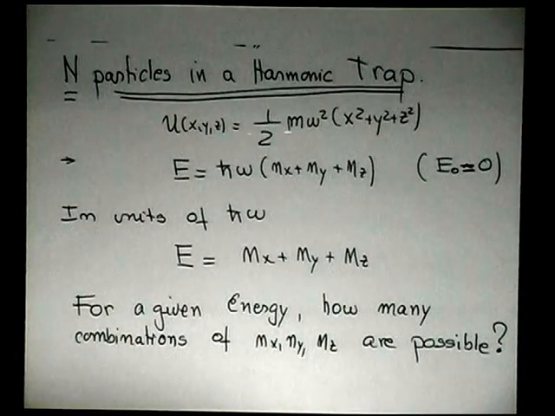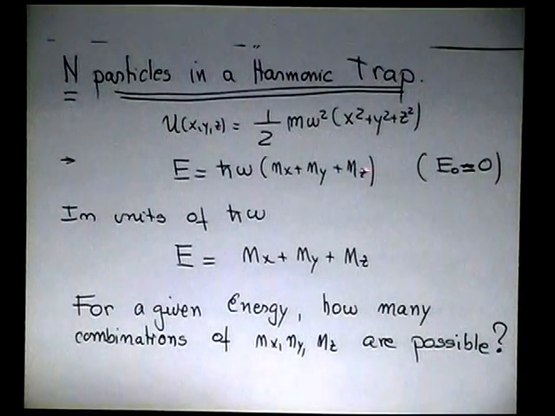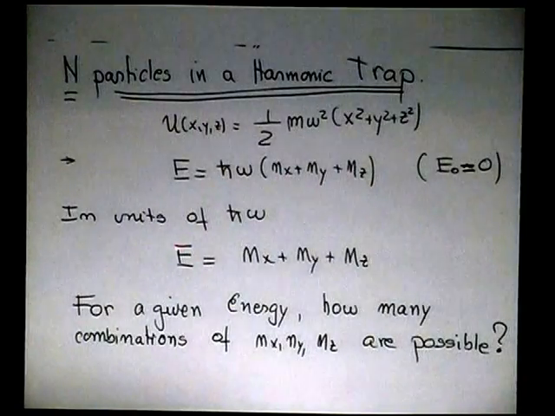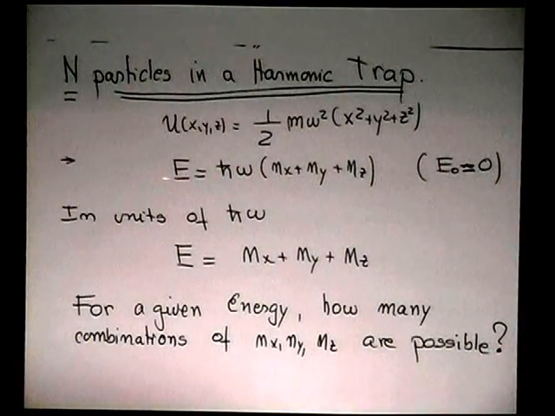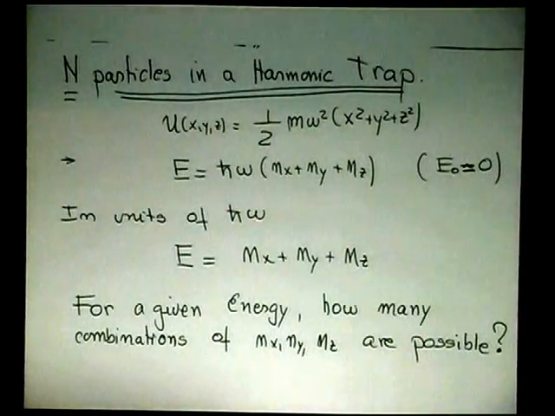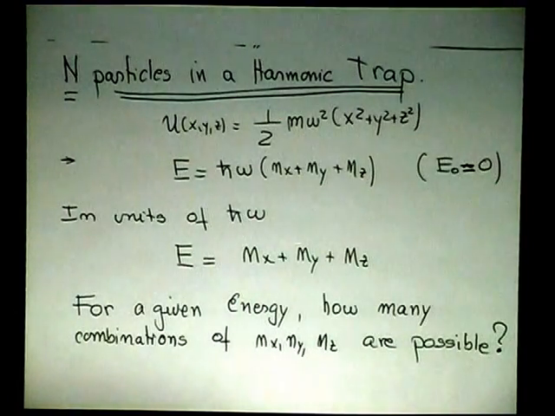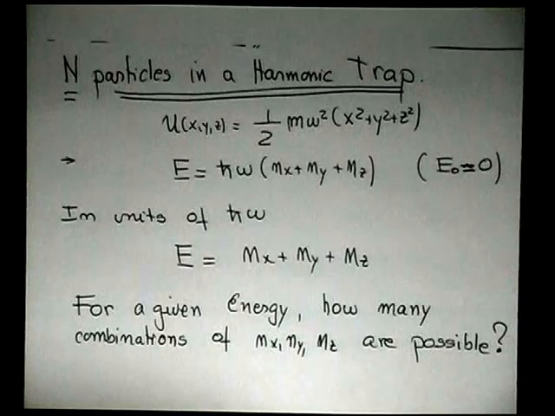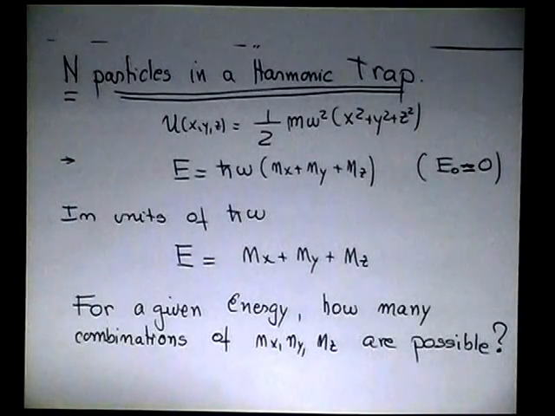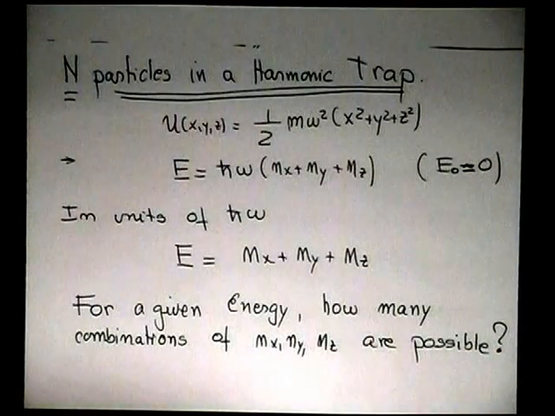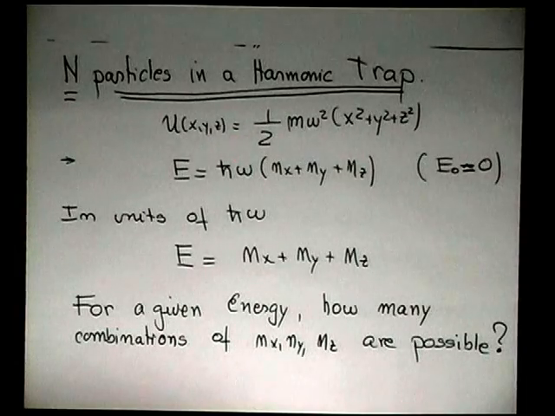So let's consider the harmonic oscillator. This is the energy of the harmonic oscillator. And I'm going to normalize energy in units of h bar omega, because here, energy is just the addition of numbers. Okay? So energy here will be 0, 1, 2, 3, 4, because I normalize by h bar omega.